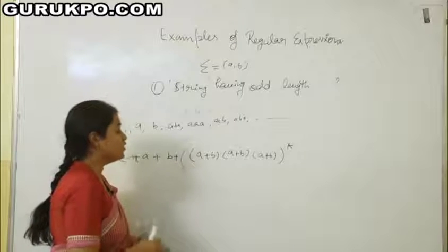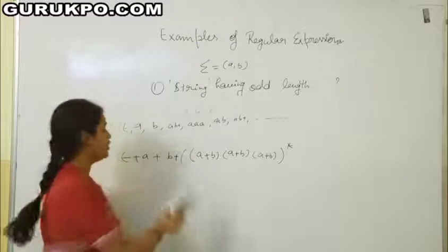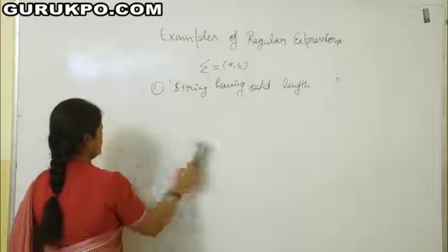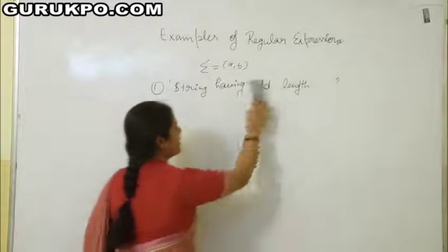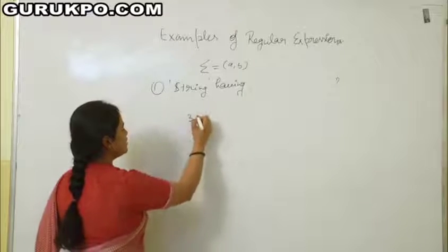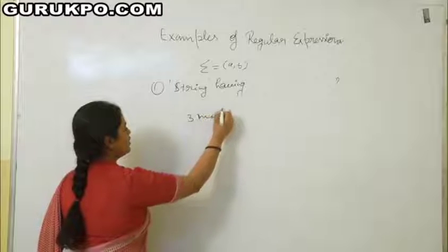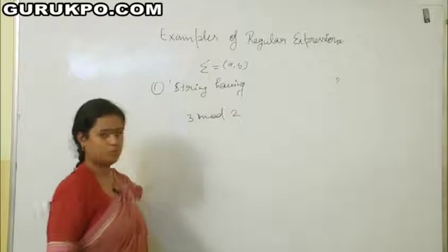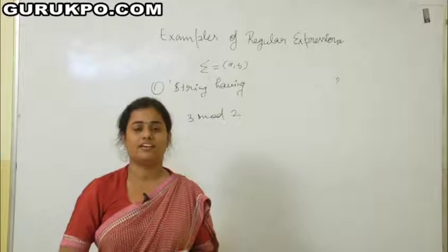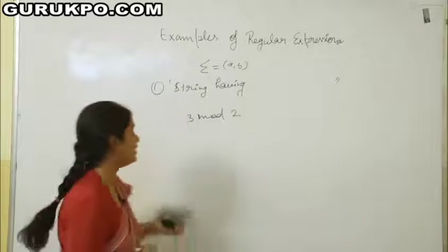Now, suppose we want to write a regular expression for all the languages which have the length divisible by 3 and mod 2. If I write exactly divided by 3, I have to write the length of the string which is exactly divisible by 3.